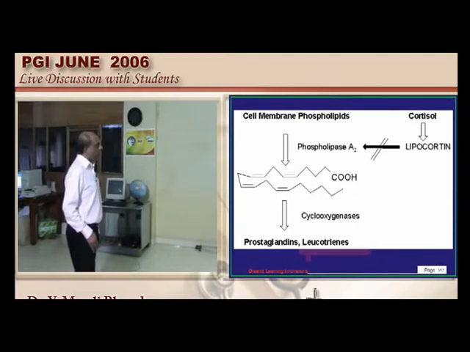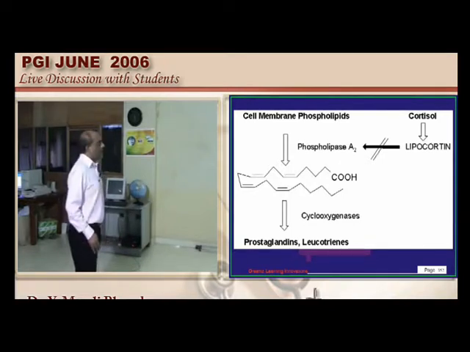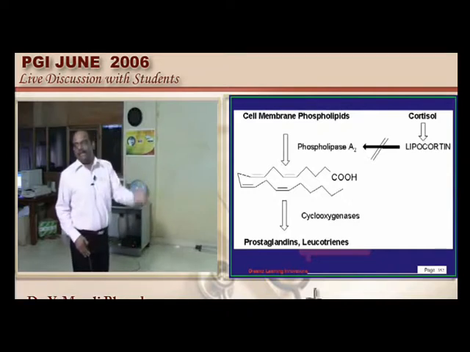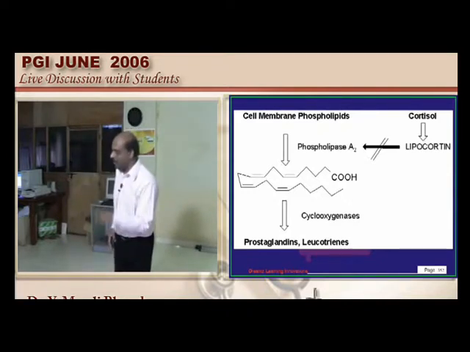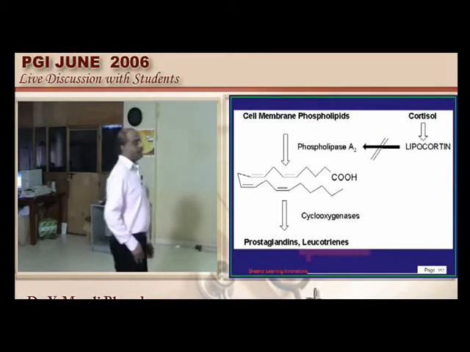Then your lipocortin inhibits the phospholipase A2. So cortisol increases this lipocortin production and indirectly causes phospholipase A2 inhibition and prevents the release of the prostaglandins, which are the predominant inflammatory mediators. So it will increase, not decrease, the levels of lipocortin is what needs to be remembered.